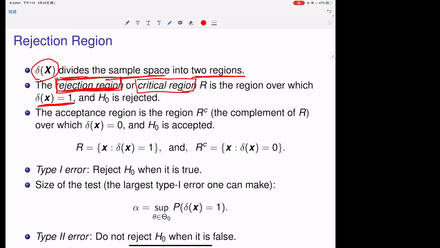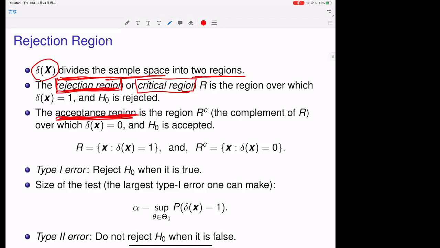What do you mean by rejection of a null hypothesis? Then again, I say do not reject, right? But I still say accept the region right here. Sometimes Bayesians define it that way: accept this region. But you say do not reject, right? How do you say accept the region?